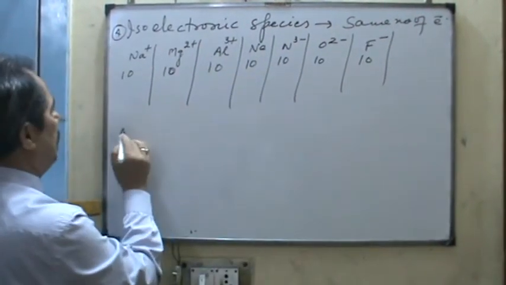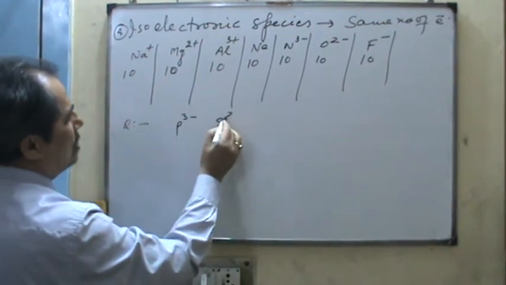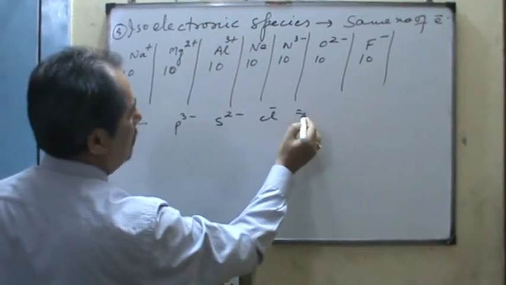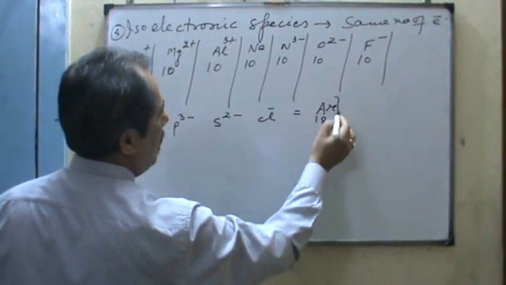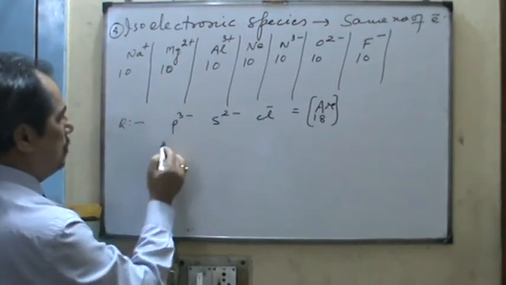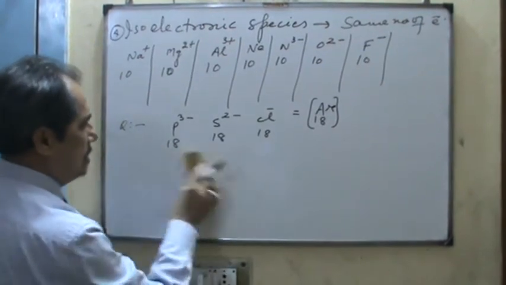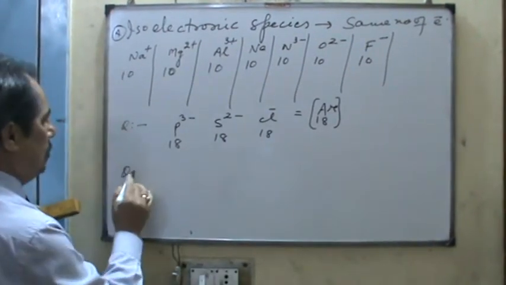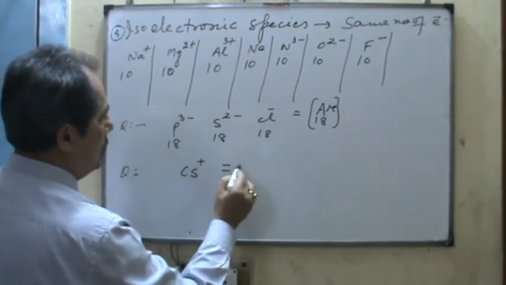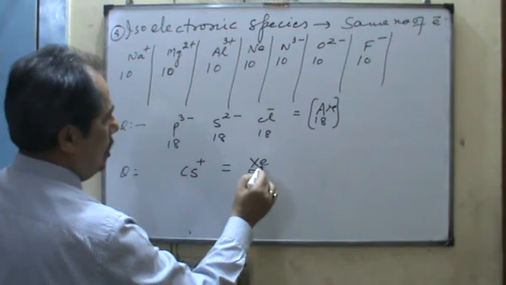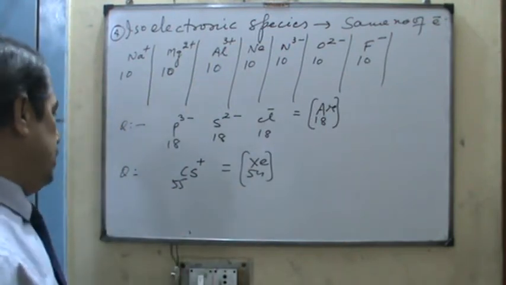For example, you can say phosphorus 3 negative, sulfur 2 negative, and chlorine 1 negative. These are isoelectronic with which inert gas? Argon, right? Because 15 plus 3, 18, 18 and 18. Just like this, you can say cesium 1 positive is isoelectronic with xenon, because the atomic number of cesium is 55.